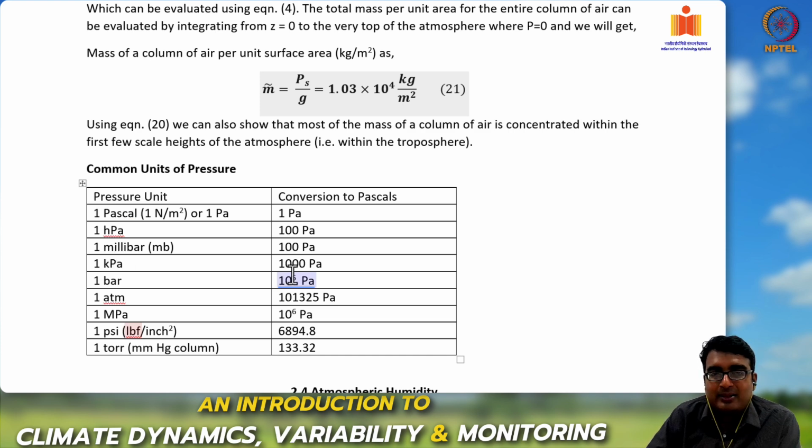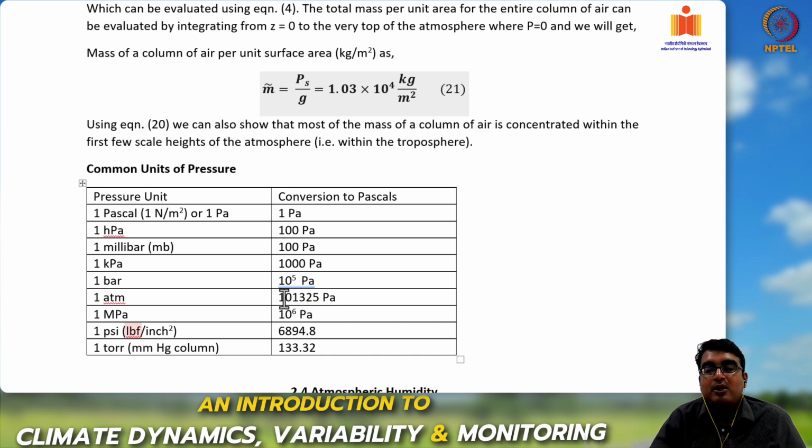1 kilopascal is of course 1000 pascals. 1 bar is also a very popular unit of pressure, which is 10 to the power 5 pascals. So, which is why millibar, which is 10 to the power minus 3 bars, is 100 pascals. So, 1 kilopascal is 10 to the power 3 pascals, 1 bar is 10 to the power 5 pascals. 1 atmosphere is close to 1 bar, which is equal to 101,325 pascals.